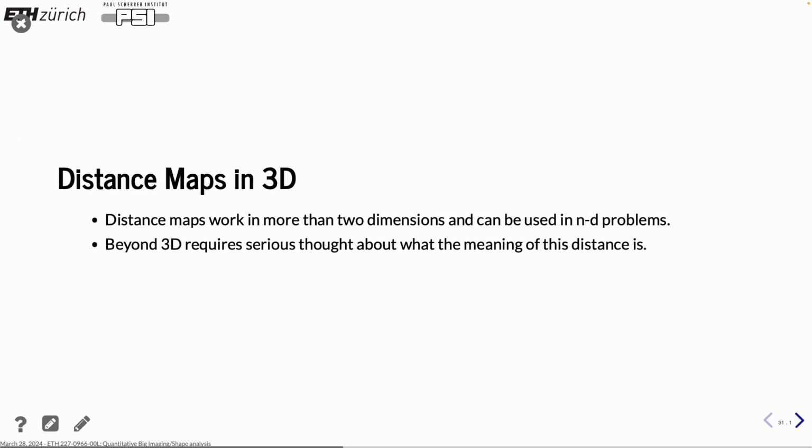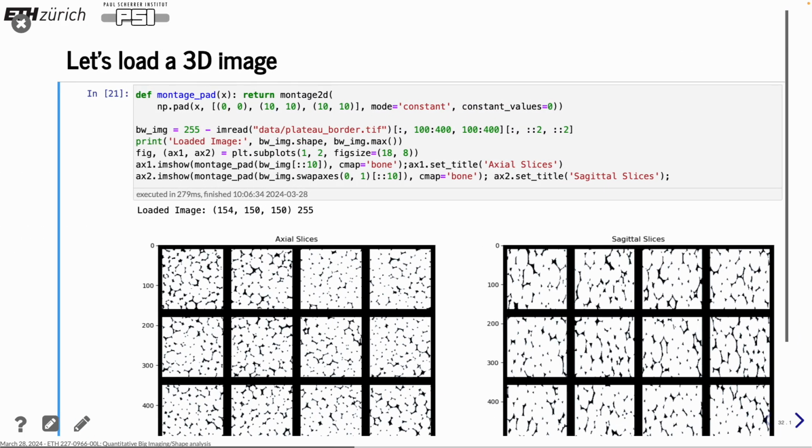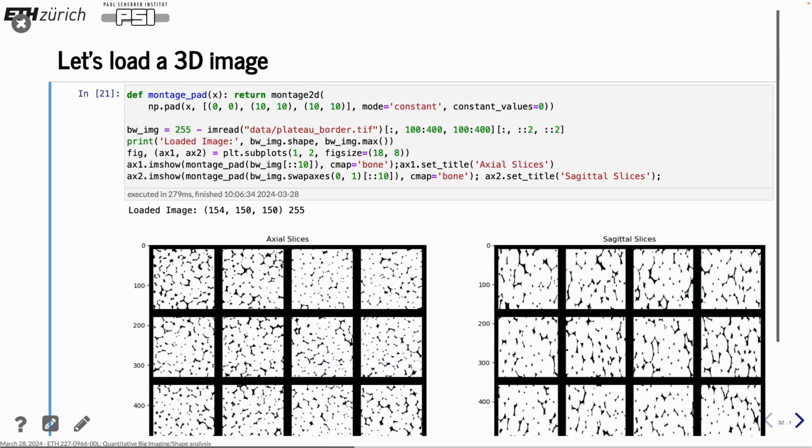Of course, we can also do distance maps in 3D. I didn't show it until now, but in 3D, it requires a little bit more thought to implement. This was a bubble example, I think.